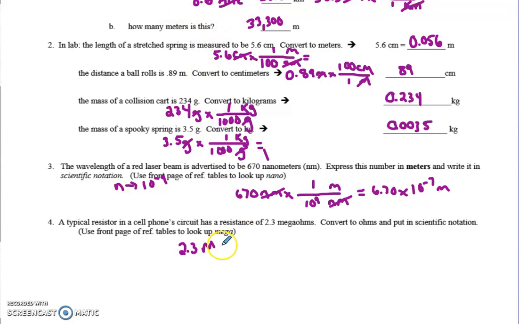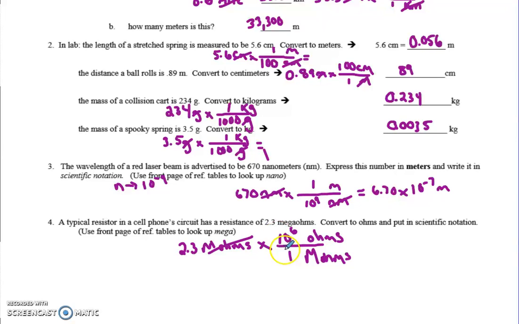We want to get rid of mega ohms and get into ohms. Mega stands for 10 to the 6, so mega is bigger than the base unit of ohms. 1 mega ohm is 10 to the 6th ohms.